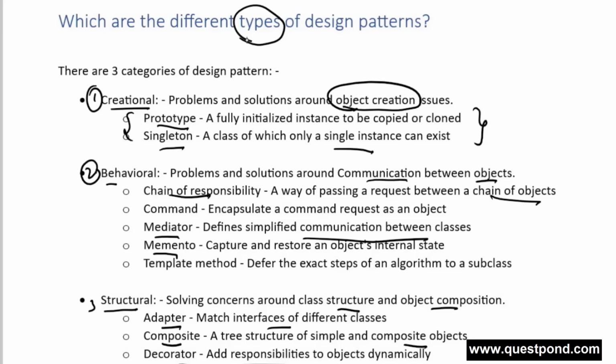Now please note that these categories have come from Gang of 4. So really, if you ask me personally, in today's world, as an architect, these categories don't matter to me too much, because new design patterns have been introduced, like repository pattern, CQRS, aggregate root, right?